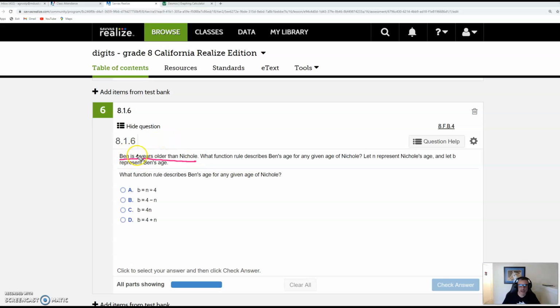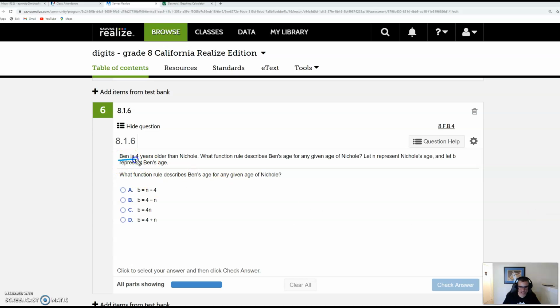All right, so let's think about this. Ben is 4 years older than Nicole. So we need to translate this into math. Notice they give me 4 equations in here, and they all involve a 4 because we have this 4 right here. Let's start with, well, it says Ben is, and again, math is a language.